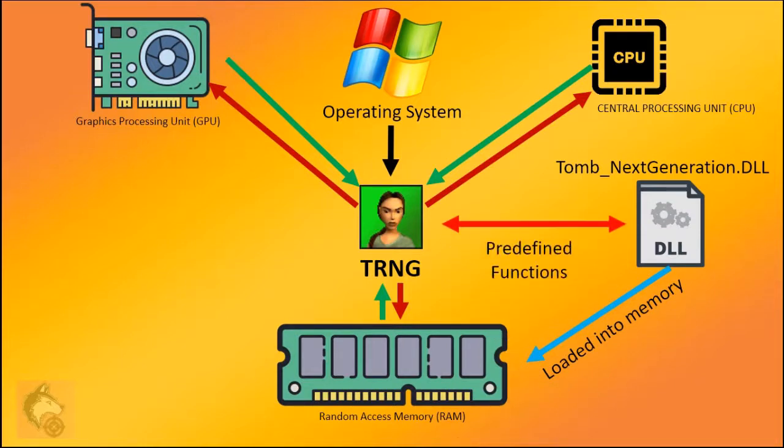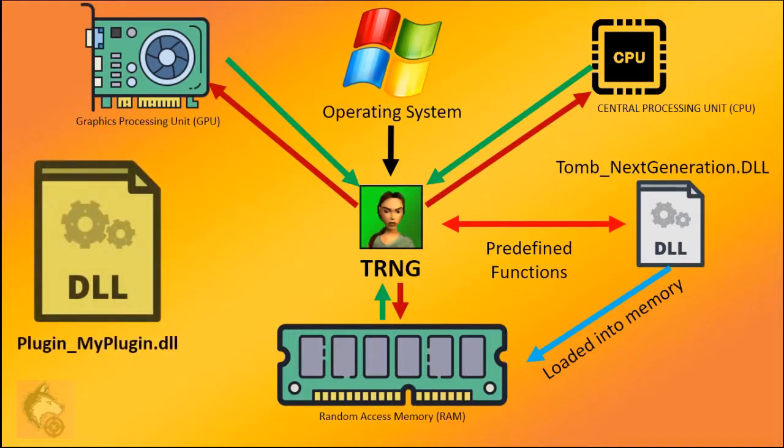After this DLL has been successfully attached to our TRNG process on the Windows operating system, they will start communicating with each other, and TRNG uses some predefined functions that are stored in that library. Functions like executing a trigger group, executing an organizer. If you are familiar with TRNG scripting, you might have already heard these names, or extending some of the features of this old engine. So the Tomb Next Generation DLL is still a DLL, but it's a part of the TRNG engine, and they can't be separated from each other.